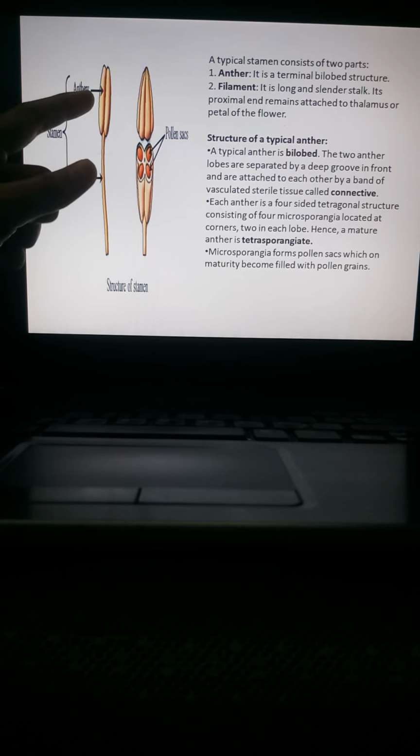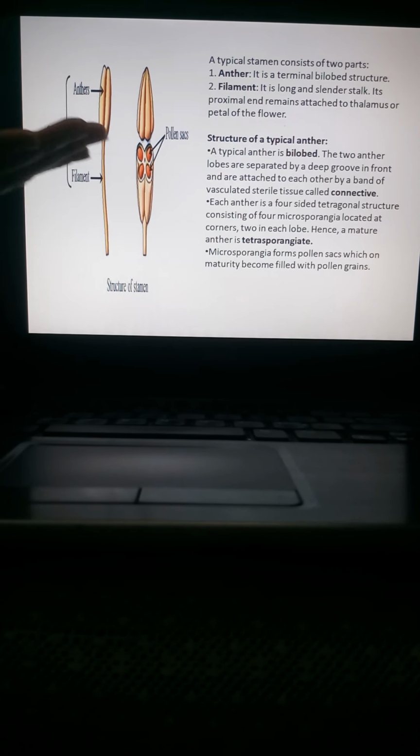So a typical anther is bilobed, that is, it has two lobes. If you cut the anther from in between, you will see that inside each lobe of anther there are two oval sacs. Each of these sacs are called microsporangia.